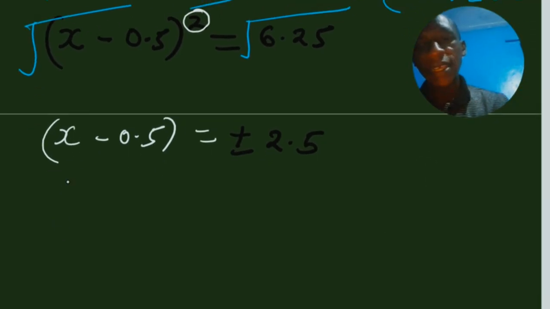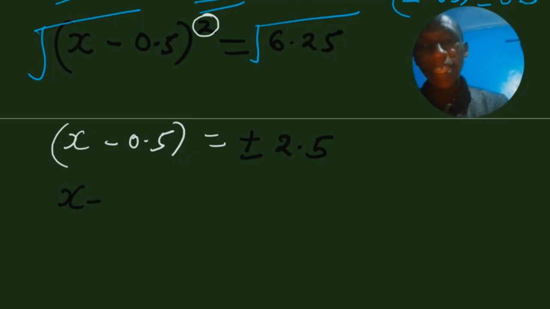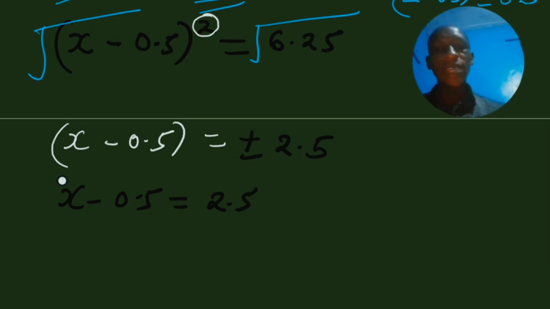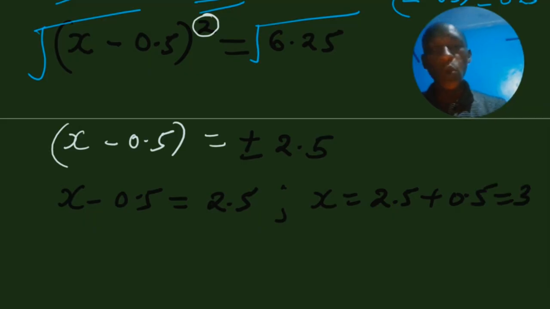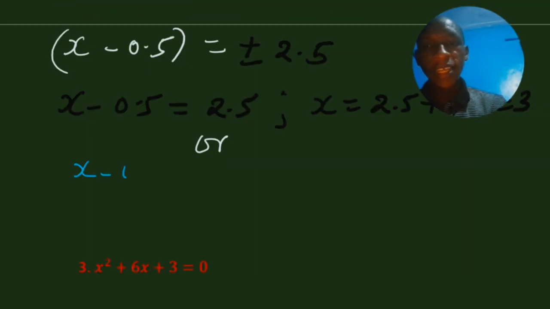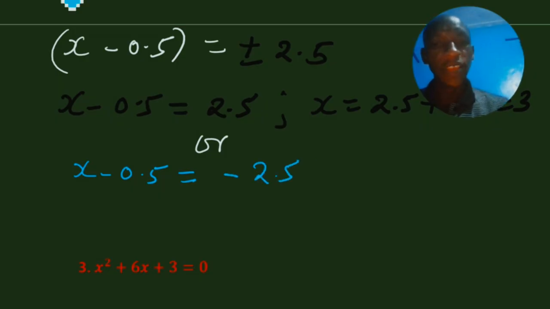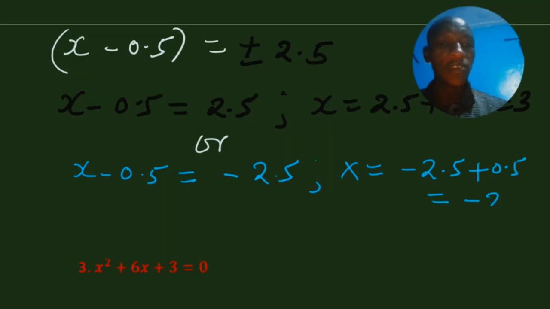So now it means that x minus 0.5 could have been equal to positive 2.5. If that is the case, then that means that x is equal to 2.5 plus 0.5 to give us 3. Or x minus 0.5 could have been equal to negative 2.5, and that will make the value of x to be equal to negative 2.5 plus 0.5 to give us the value to be equal to negative 2.